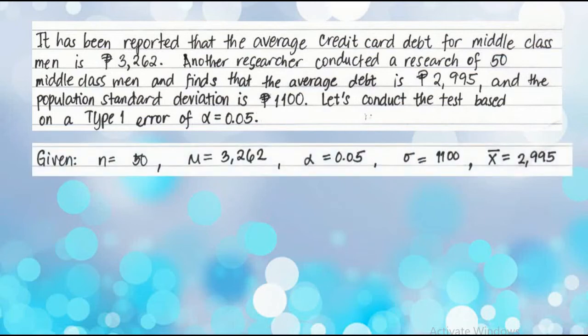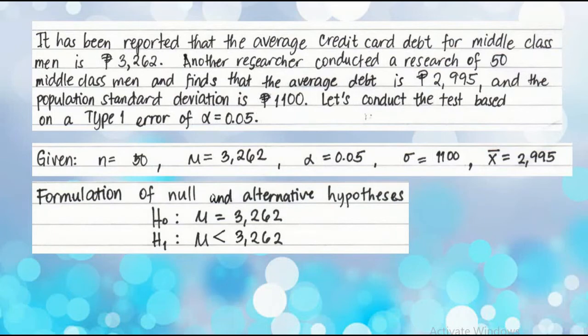Given n is equal to 50, population mean is equal to 3,262, level of significance is 0.05, population standard deviation is 1,100, and sample mean is equal to 2,995.